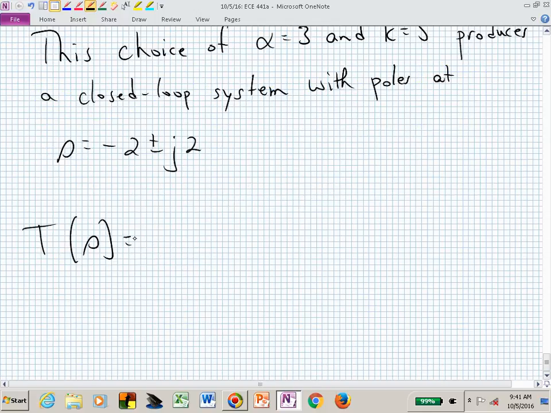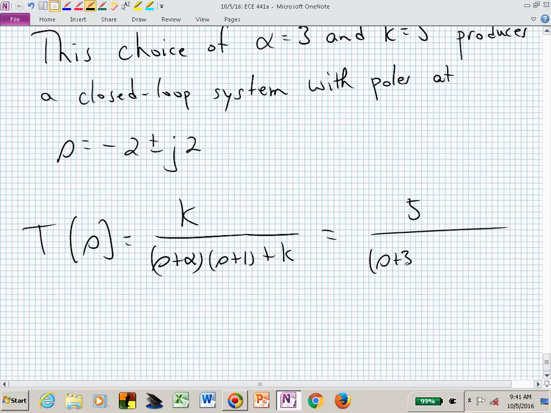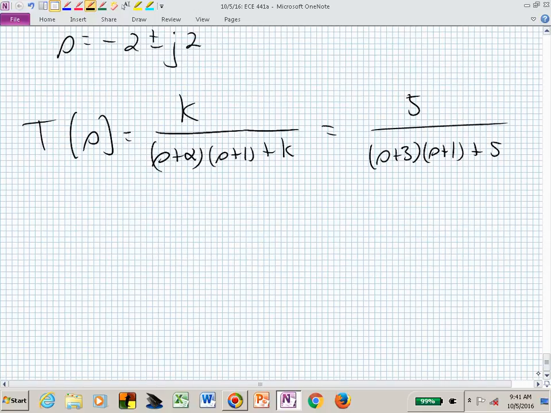Here's T of s. That was K over (s plus alpha)(s plus 1) plus K. We're stable. And this is now 5 over (s plus 3)(s plus 1) plus 5. And you can see that that's now s squared plus 4s plus 8. And that factors to where we now have 5 over (s plus 2) squared plus 2 squared.